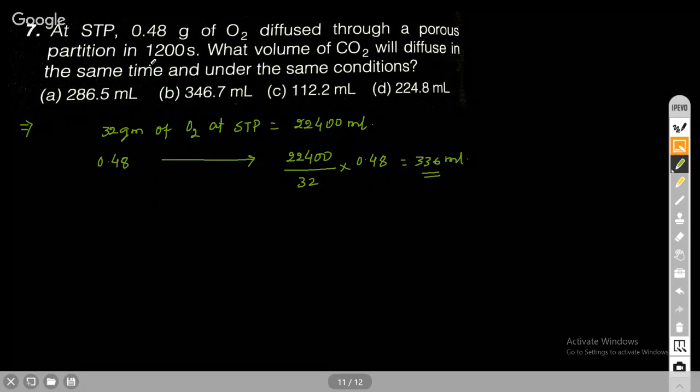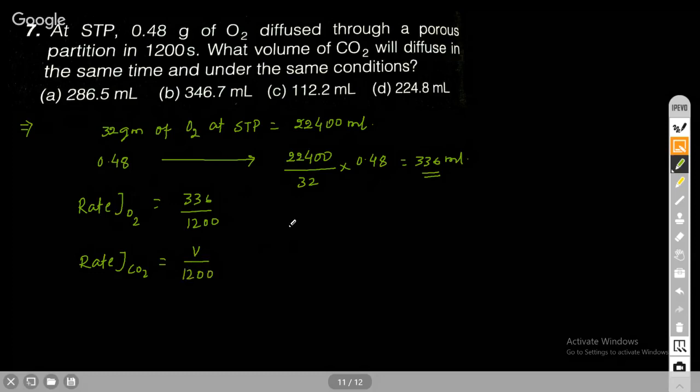Since time is also given, we can find the rate of diffusion of O2. That will be the volume diffused divided by the time 1200. In the same time, for CO2, the volume diffused we have to find out, that is V divided by 1200.